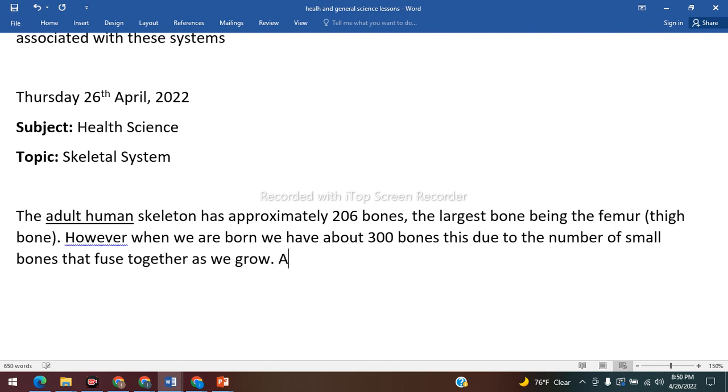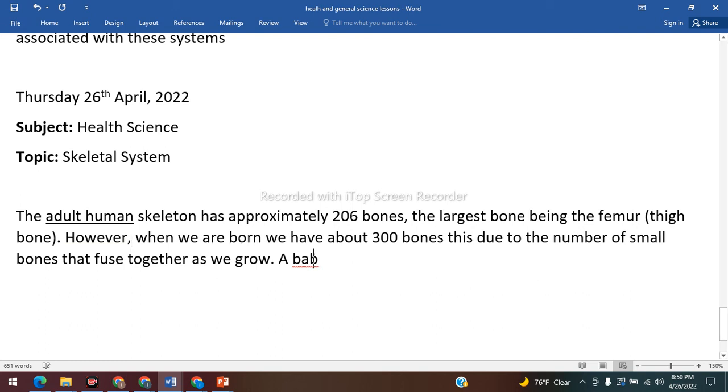A baby, right? Mr. Petit, when you say adults, you mean from what age? After there's no more growing left, so I'd give it like 25.